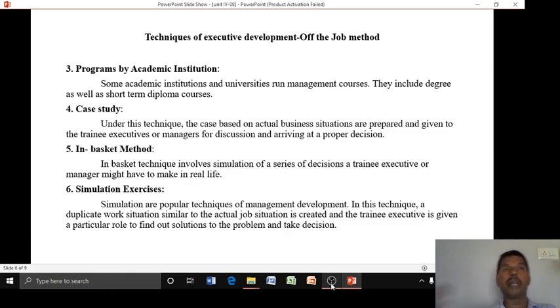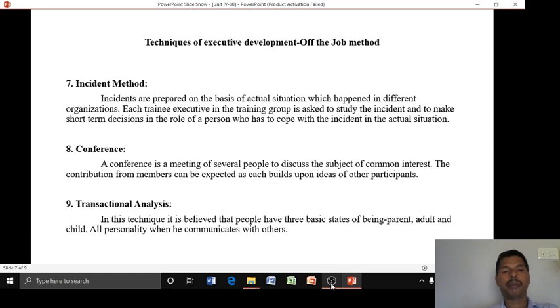So it is like a demo case study where you have to identify the loopholes, you have to decide about the solutions that are to be taken, etc. So we call this simulation exercises.